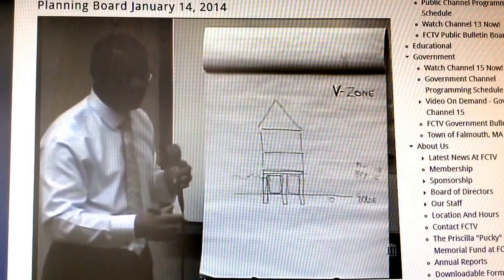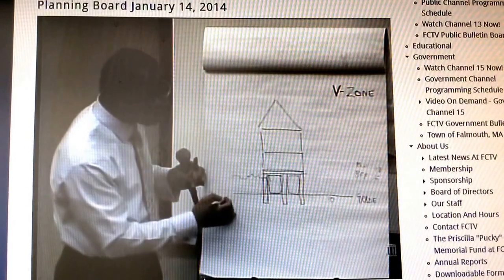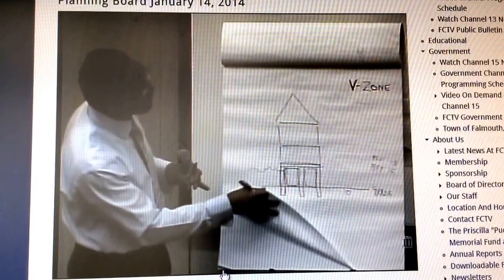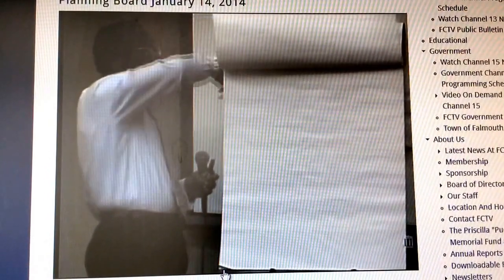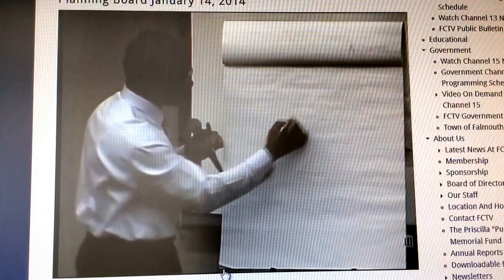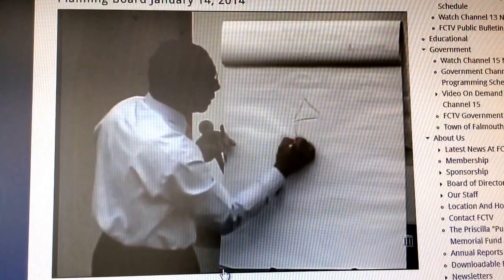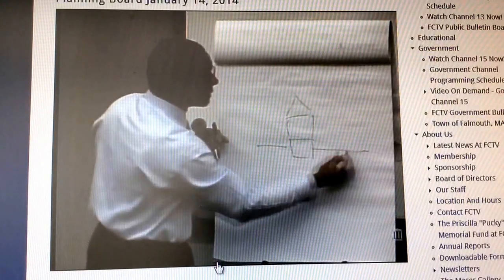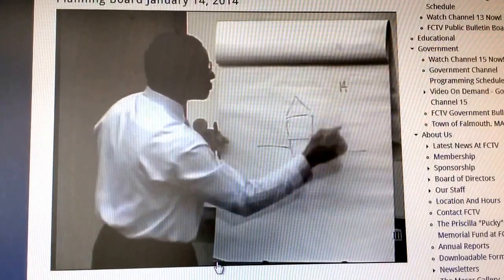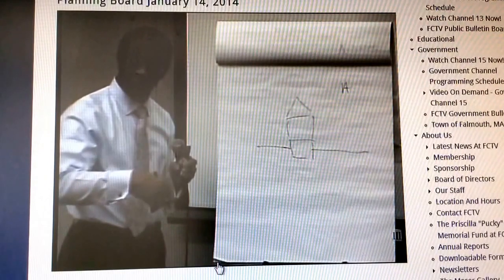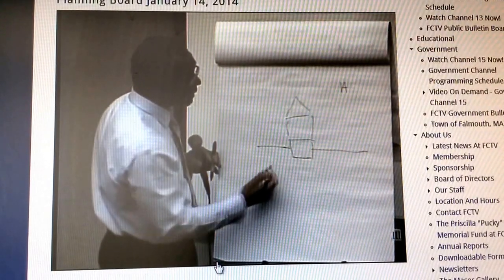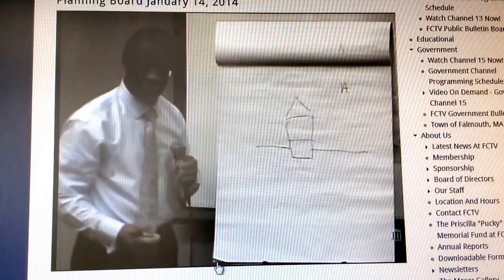Now, what happens if I have a structure that is non-conforming? And then I'll wrap this up, because I can talk as long as you want me to, but I'll wrap this up. I have a house that is in an A zone based on the new maps. And I have a basement, and I want to do some work to my house.